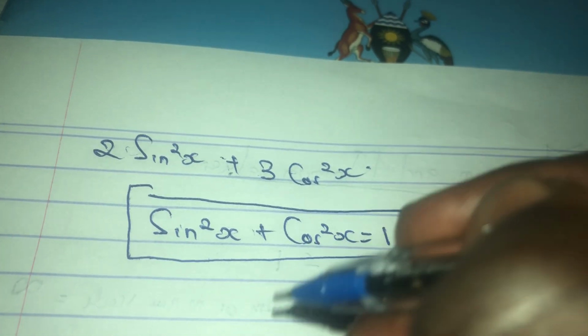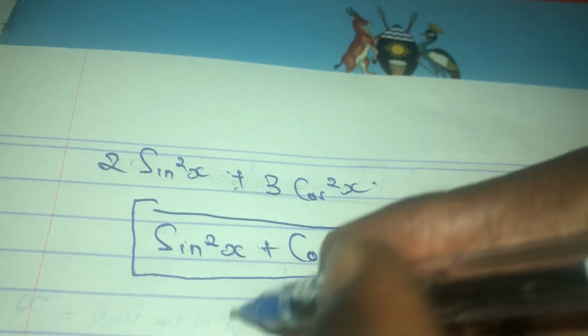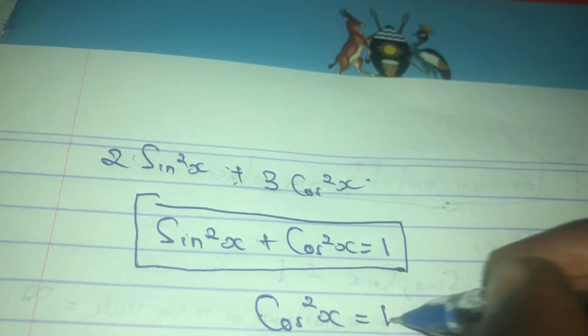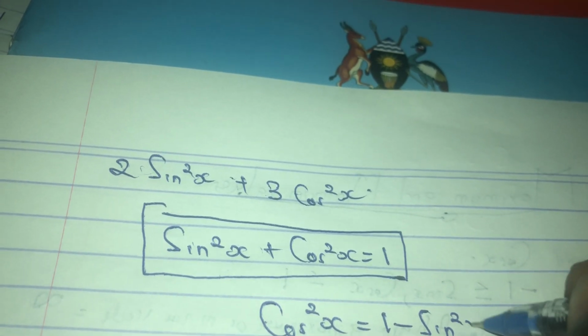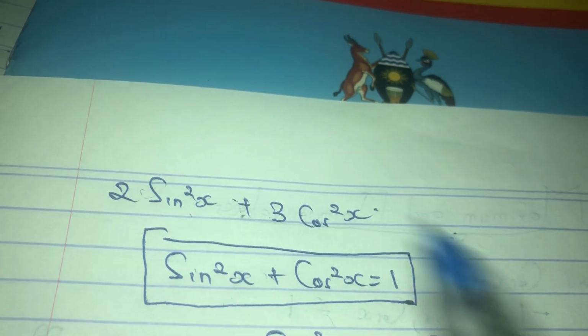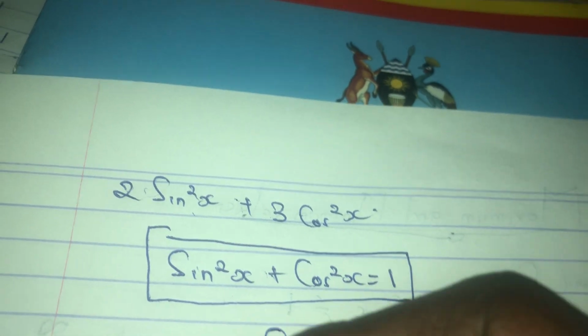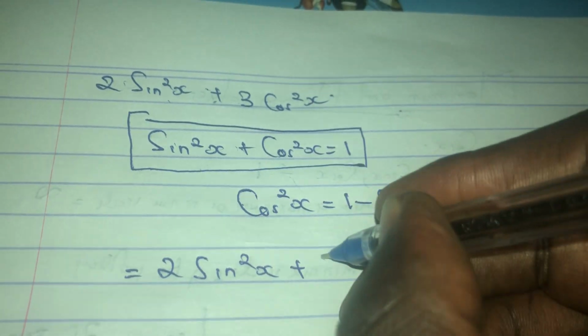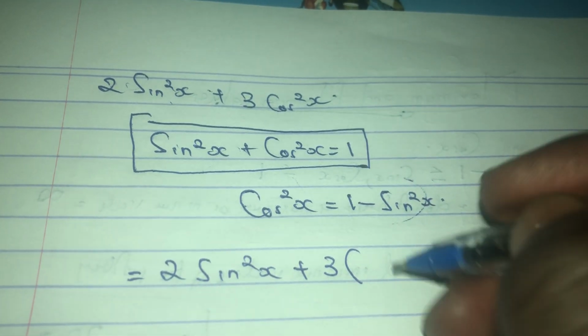Let me say I've decided to use cos, and I make cos the subject of the formula. So I'll say cos squared x equals 1 minus sine squared x. That means whenever there is cos squared x, I'll put in 1 minus sine squared x. So this will be 2 sine squared x plus 3 into what is cos squared x?